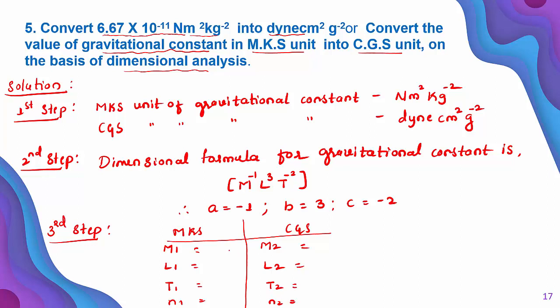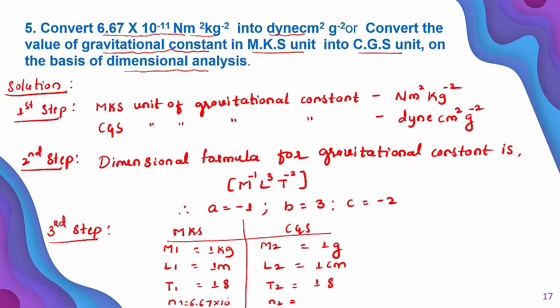Right, now write the values of M1. This is 1 kg. In CGS it will be 1 gram. L1 is 1 meter for MKS and it is 1 centimeter for CGS. Time is the same in both the systems, that is 1 second. N1 is equal to, here instead of 1, because N1 value of gravitational constant is how much?